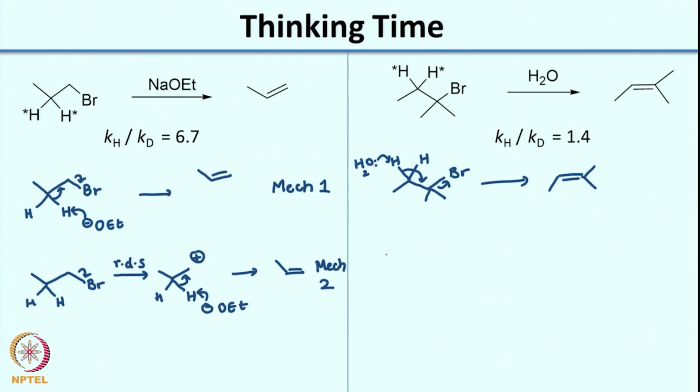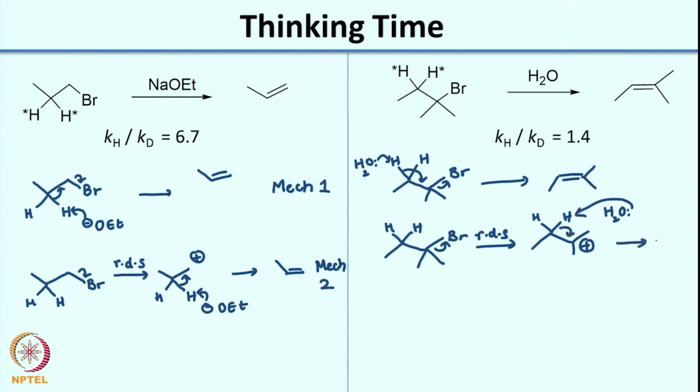The other mechanism is again like an E1 mechanism. The first step, which would be the rate determining step, will be formation of the carbocation, followed by elimination to give you the product. So this is mechanism 1 and this is mechanism 2.